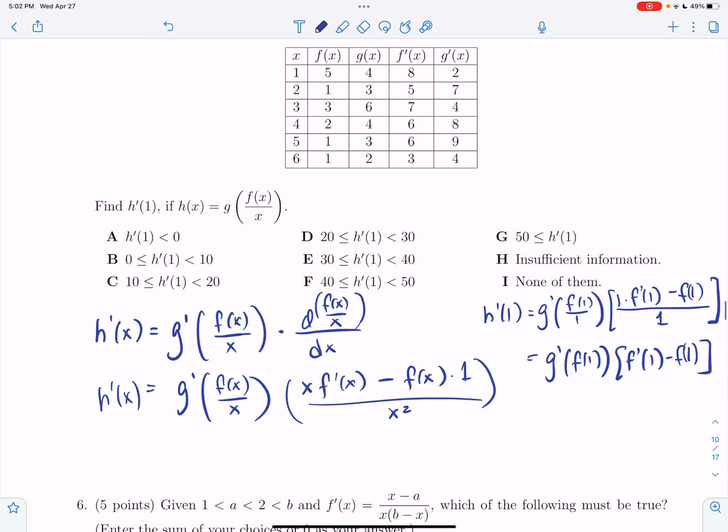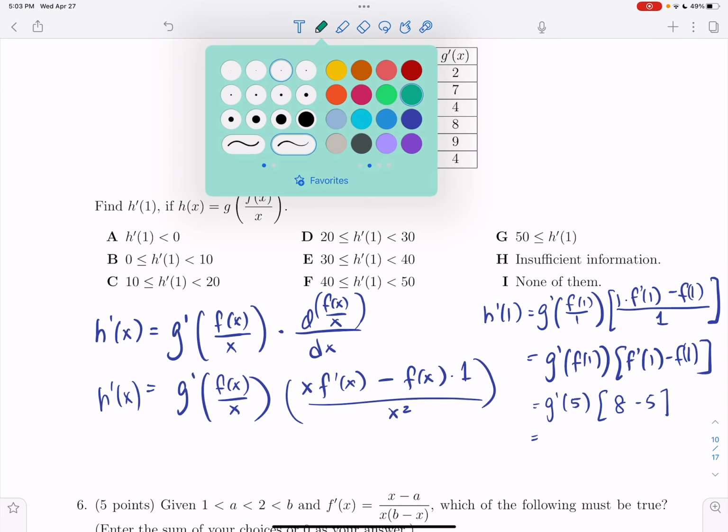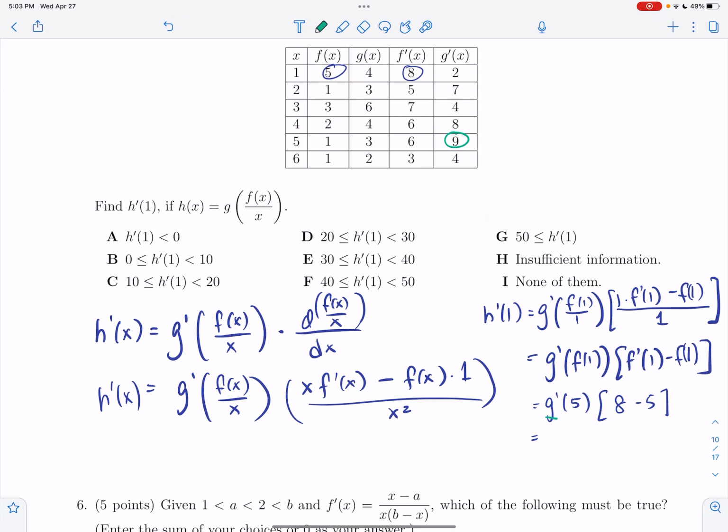What is f of 1? Well, let's see. f of 1 is 5. So this is g prime at 5. What is f prime of 1? That is 8. So this is 8. We already saw f of 1 is 5. What is g prime of 5? For that, we need this.